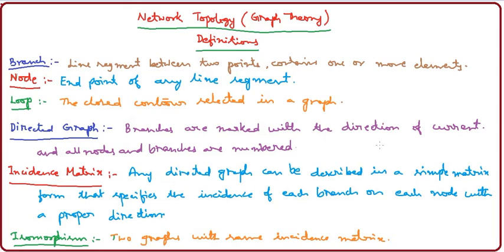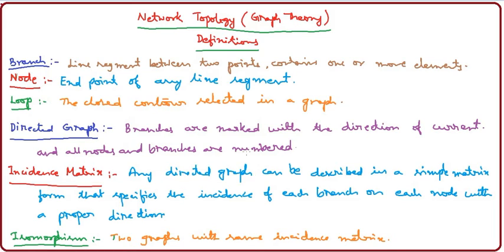The first definition is branch. What does it mean by branch? This branch is something different from the normal branch, so please keep that point in your mind. A branch means a line segment between two points that contains one or more elements.